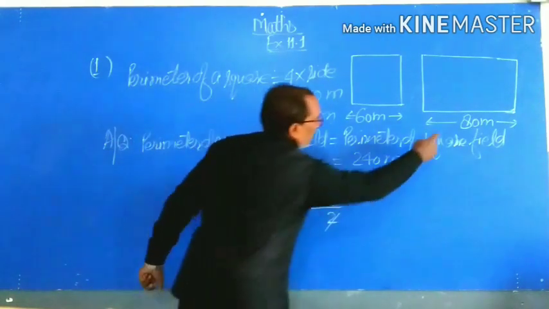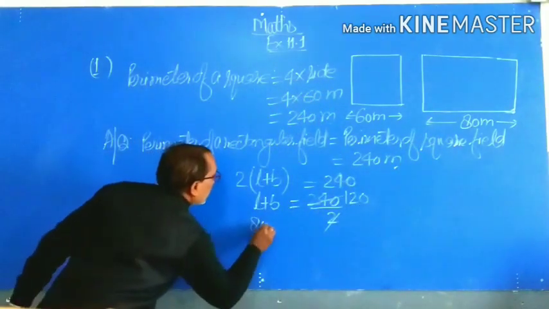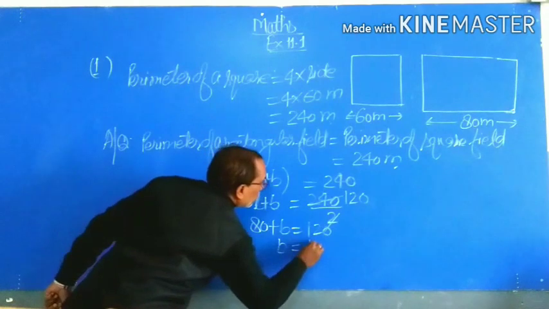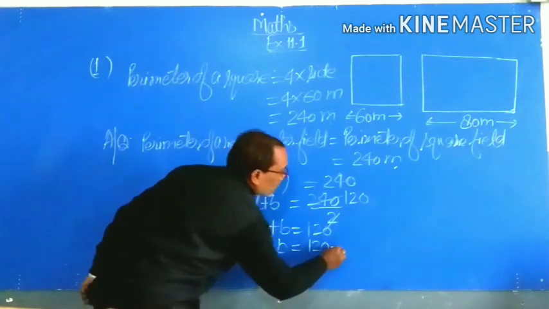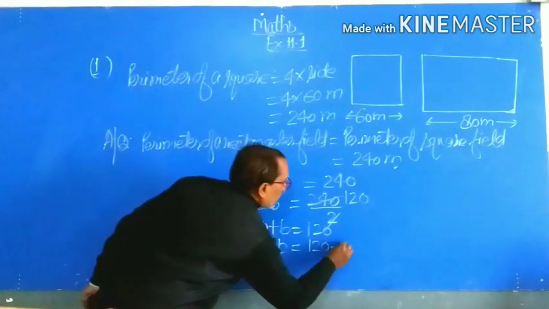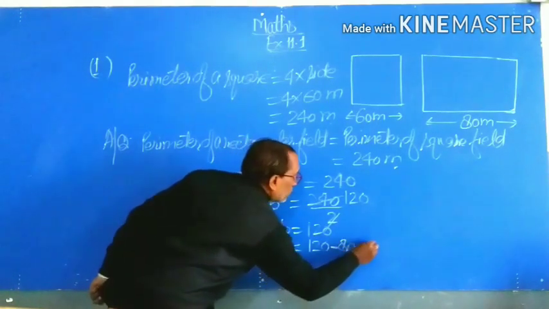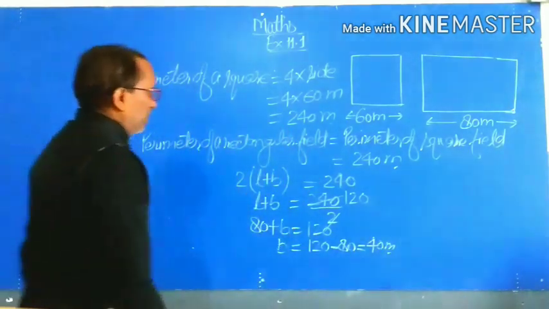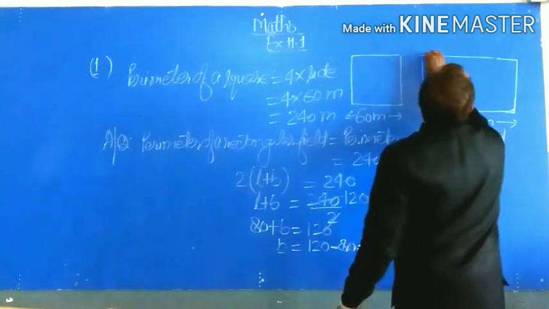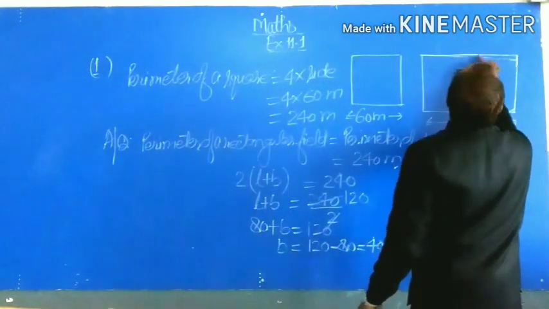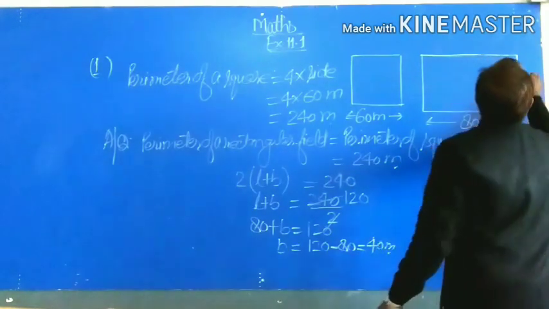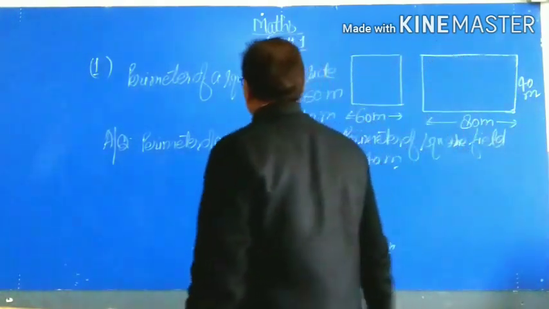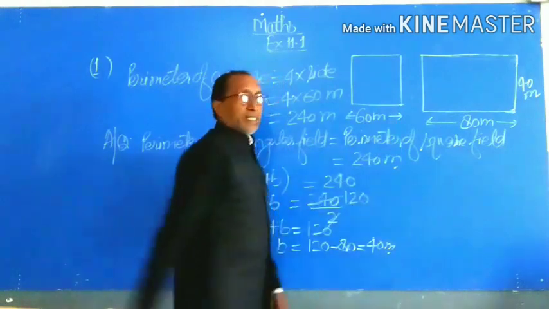Then the value of length is 80 meters, so you write 80 plus B is equal to 120, then B is equal to 120 minus 80, that is equal to 40 meters. Then you get the breadth of the rectangular field, that is 40 meter, and length is 80 meter. Side of the square is 60 meter.